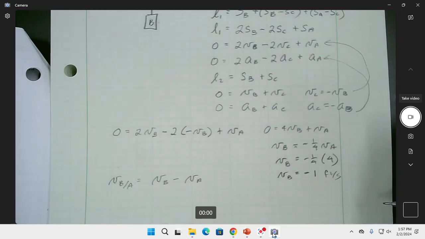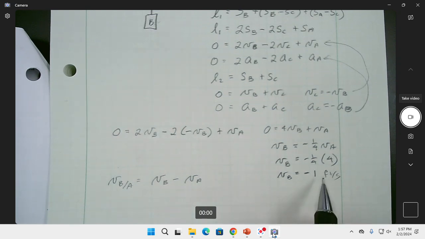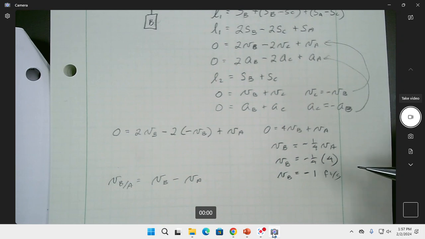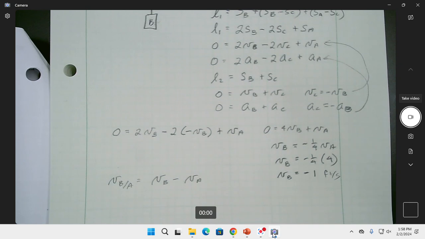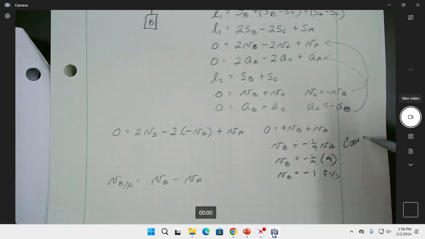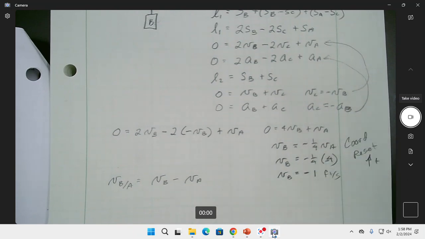By the way, this means, because this is negative right here, I should have done the reset personally. I should have put this as a negative 4, if I was consistent with what I had said previously, that I like to do the coordinate reset. So let me be consistent. I'm going to say coordinate reset, and boom, so that up is positive.